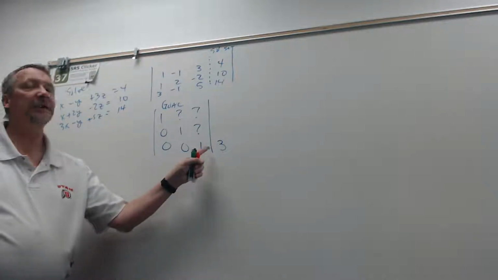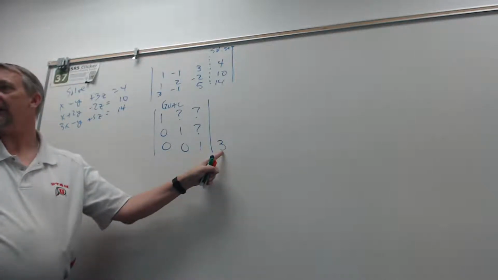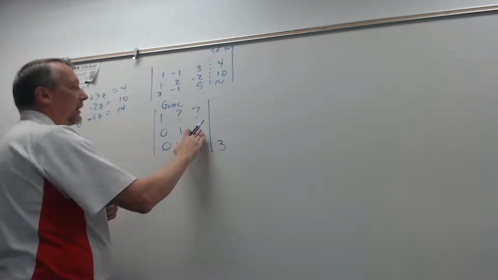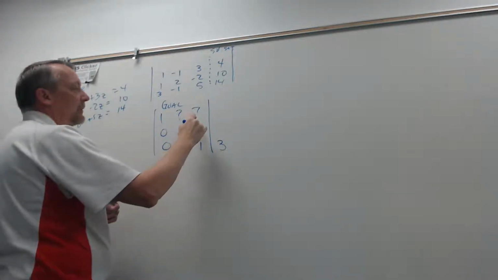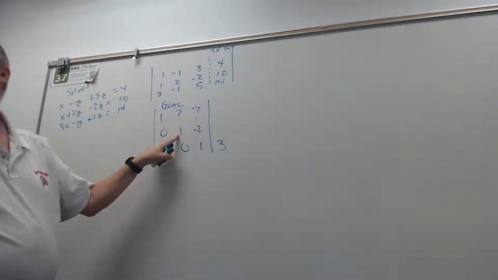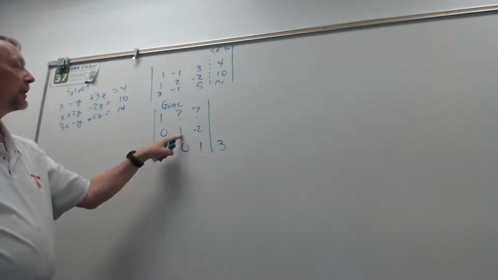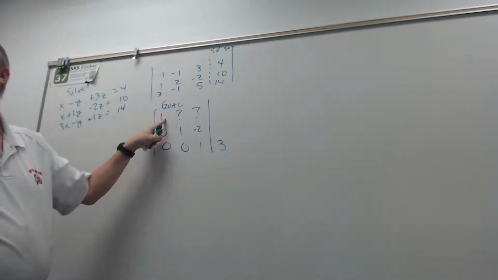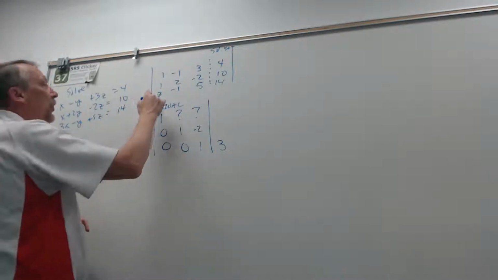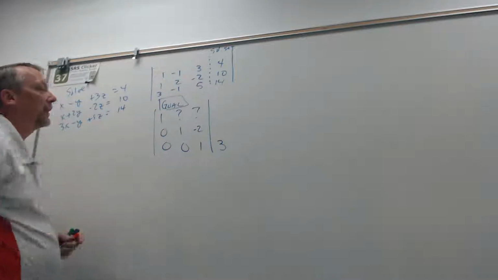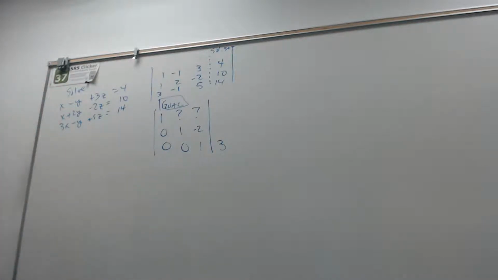So this would represent z equals 3, correct? Then if I had, let's say, -2 here, I could plug in -2 and then back solve, right? I could use substitution to get the y value and then substitution to get the x value. Does that make sense? So here's your goal: you want to turn this into that, okay?